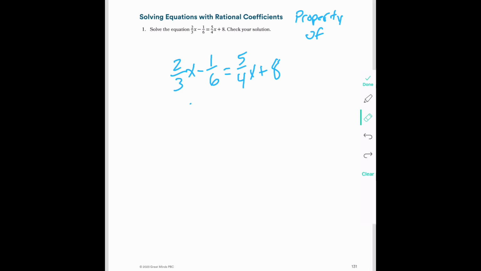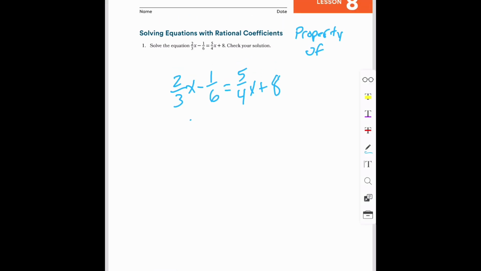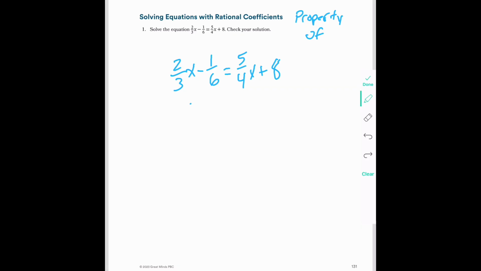Okay, so now we have our equation. Since our coefficients, the numbers next to the variables, are fractions, it's better to use the property of equality that deals with multiplication.